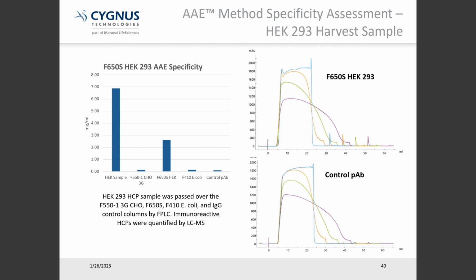And as a control, we made a non-immune goat IgG AAE column and ran the same harvest over. So you see the large load peaks and then washing to baseline. And again, very little to no elution peaks there. So we feel comfortable that when we see host cell protein in our AAE elution fractions, that they are specifically removed and that the antibodies recognize those host cell proteins.